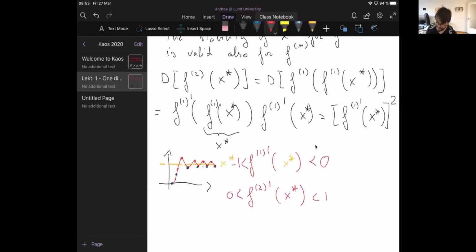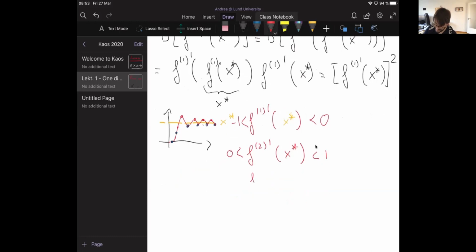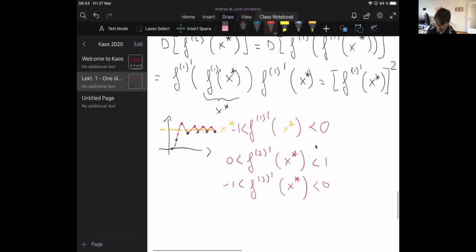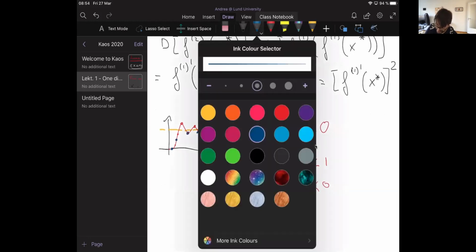And if you have f3 prime, these preserve the sign. So this is again between -1 and 0. So it's lesser than 0, so it will be alternating. And you can see this, let's do it in green.